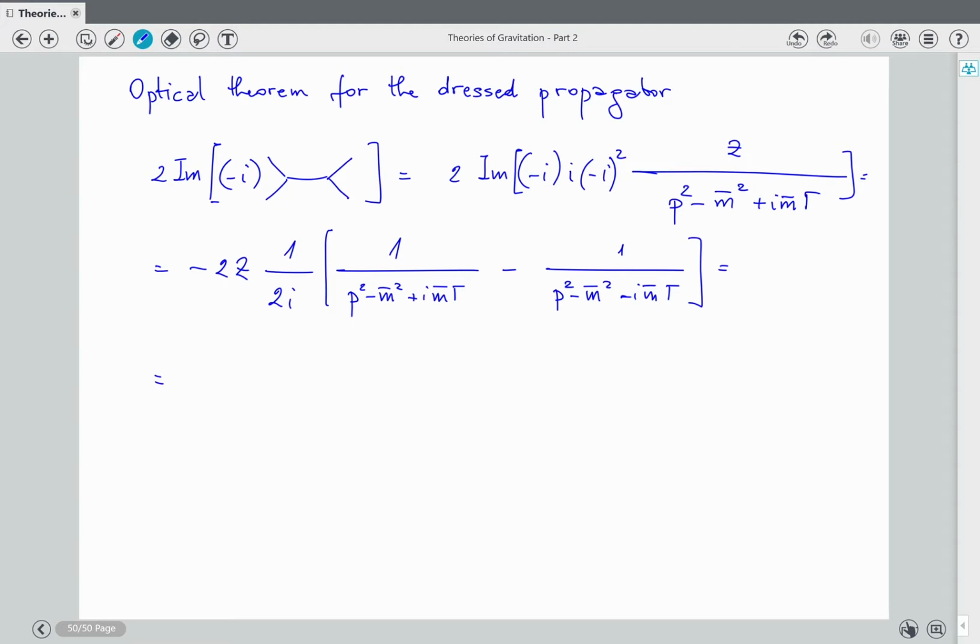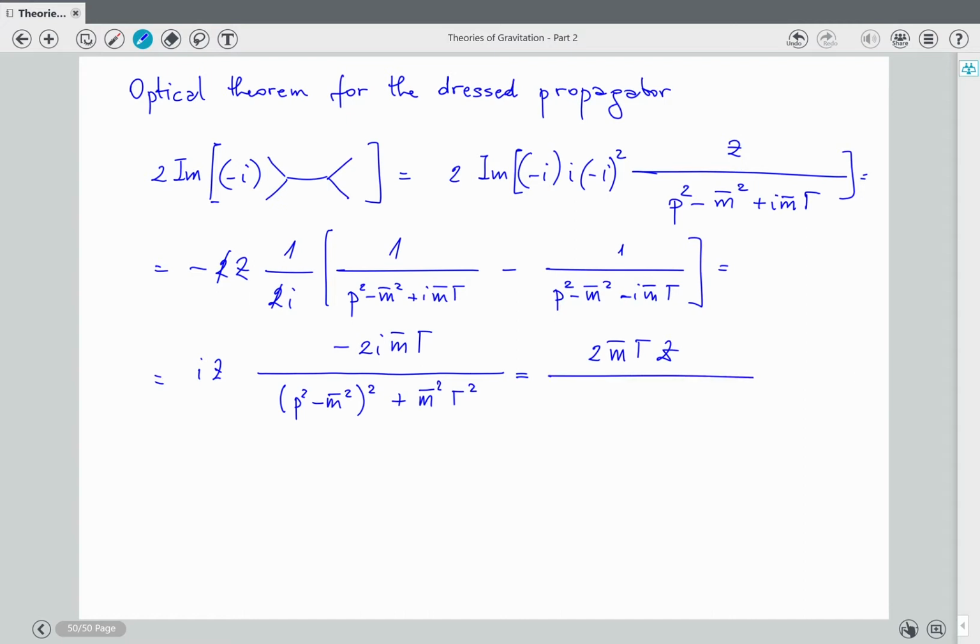Well, the 2 will go away anyway, so that is iZ. Common denominator is (p squared minus m bar squared) squared plus m bar squared gamma squared. And then you have minus 2i m bar gamma. Let's clean the result a little bit: 2 m bar gamma Z over (p squared minus m bar squared) squared plus m bar squared gamma squared.